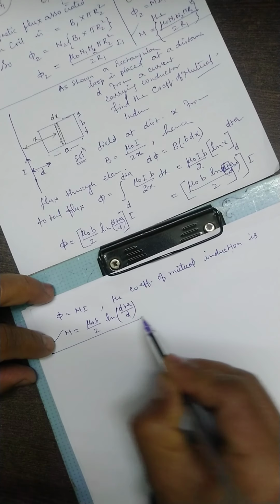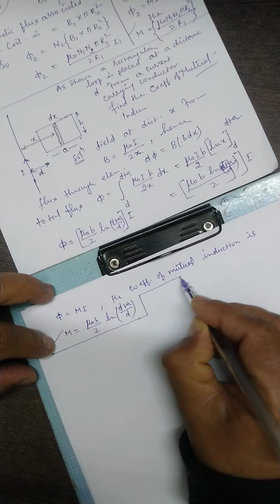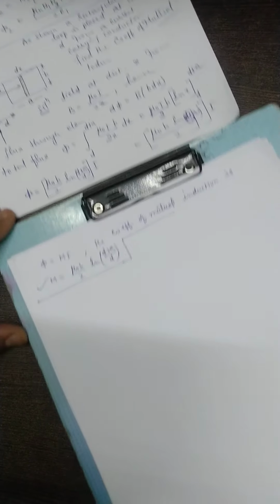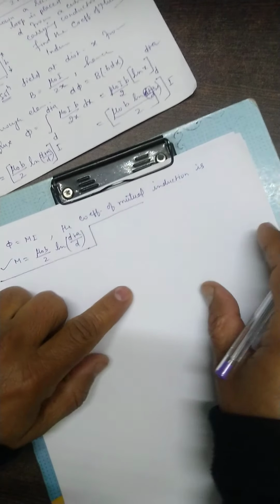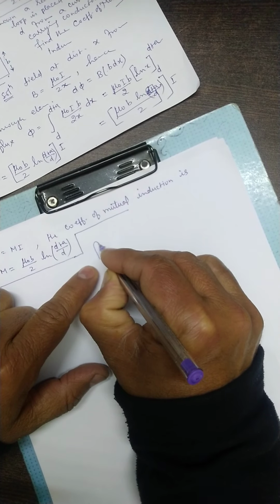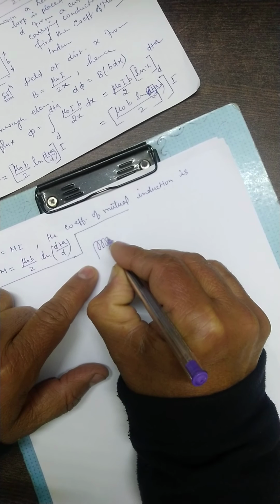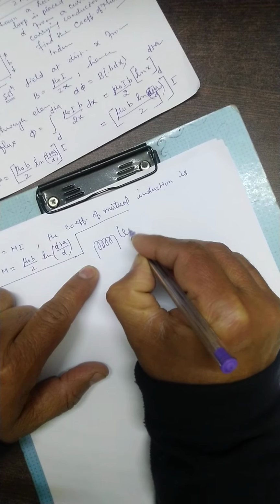Apart from it, today I will tell you one more interesting aspect of mutual and self-induction. I am showing you few circuits, one which was used in the Faraday's second experiment. I will ask you a question also.